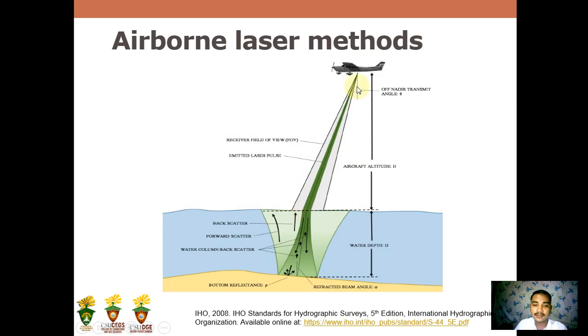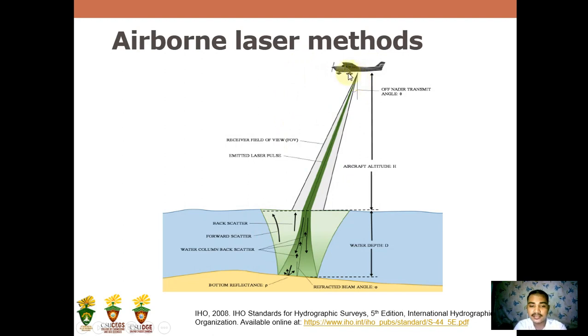As the laser passes from one medium to another, for example from the atmosphere into water, it changes direction. There is refraction, some is absorbed, and some is scattered. Then when it reaches the riverbed or seabed, it reflects back up. From water to air, its direction changes again, then bounces back to the sensor attached to the airplane.